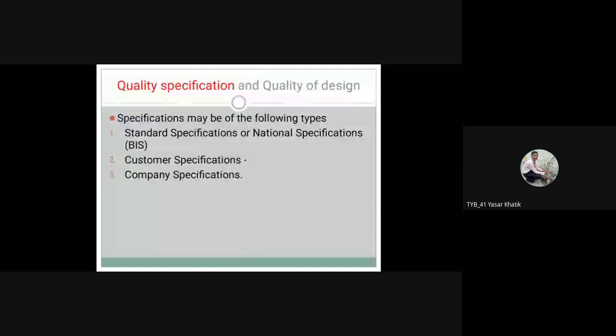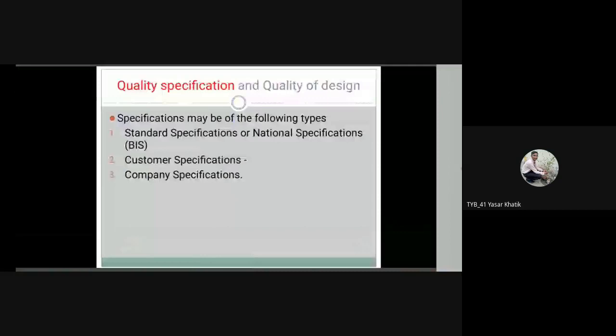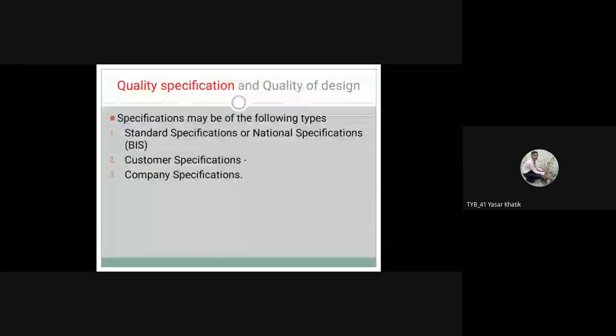This is the second type of filter where there is only one inlet and outlet. Here in this type of filter, there are two inlets and two outlets. As per your requirement, you can choose any one. Like this way, one is the customer specification, one is the company specification, and one is the standard specification from your country. So there are three types of specification: one is standard, one is customer, third is company.